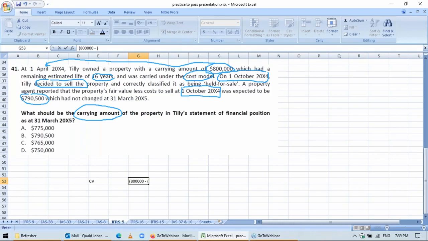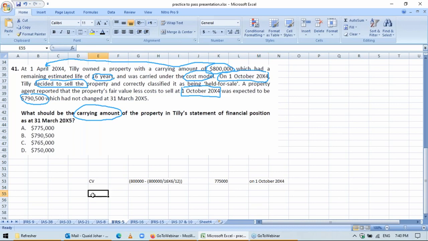So you need to charge further depreciation: 800,000 divided by the remaining life of 16 years, multiplied by 6 divided by 12. So 6 months of depreciation needs to be charged. This gives you the carrying value of 775,000 after charging depreciation, on 1st of October 20x4. This is the time since when you will stop charging depreciation, right? Because you have classified it as held for sale.